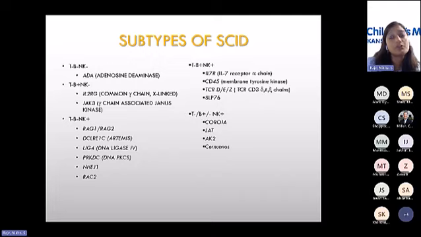Similar one, which is autosomal recessive, is JAK3 defect. T minus, B minus means that there is a VDJ recombination defect, and all of these are called radiosensitive SCID. RAG1, RAG2 being the most common, Artemis, ligase 4, all of those are part of that T minus, B minus SCID.